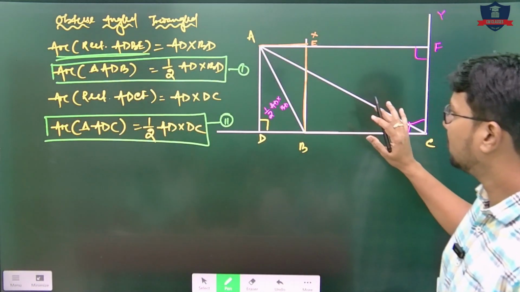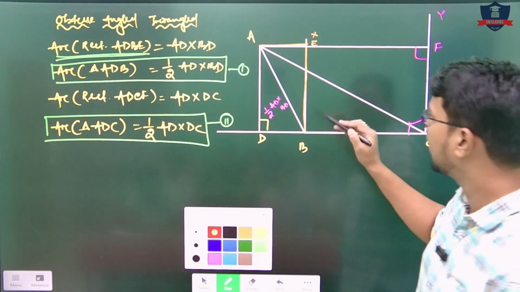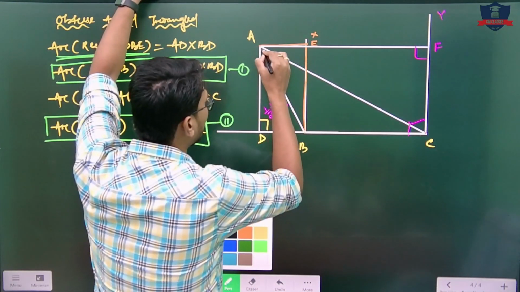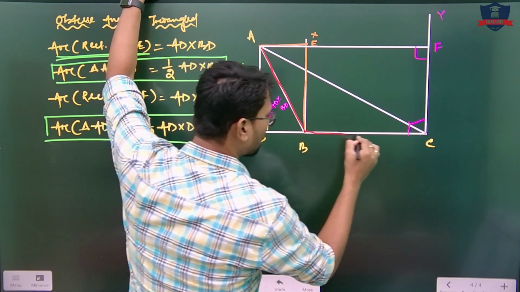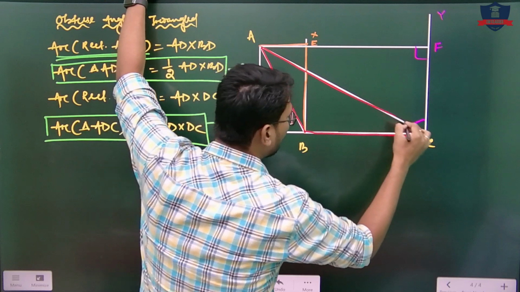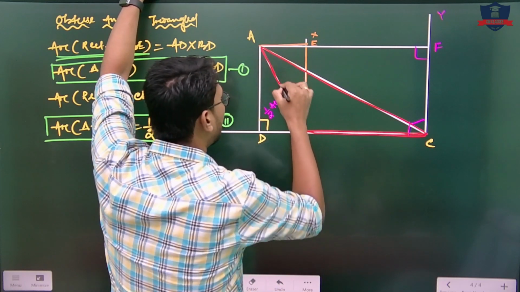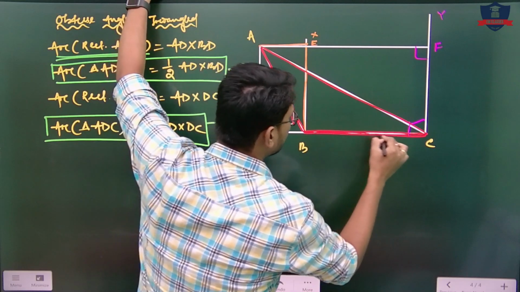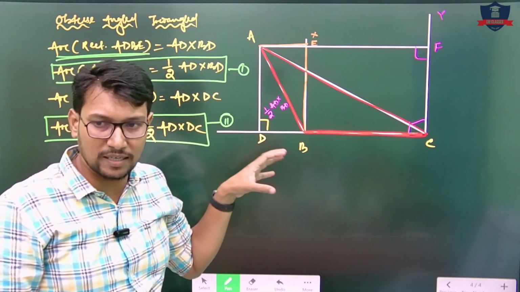So now check. We have to find which triangle area actually. Finding means we have to prove. The area of ABC is also half into base into height. Is this the required triangle?